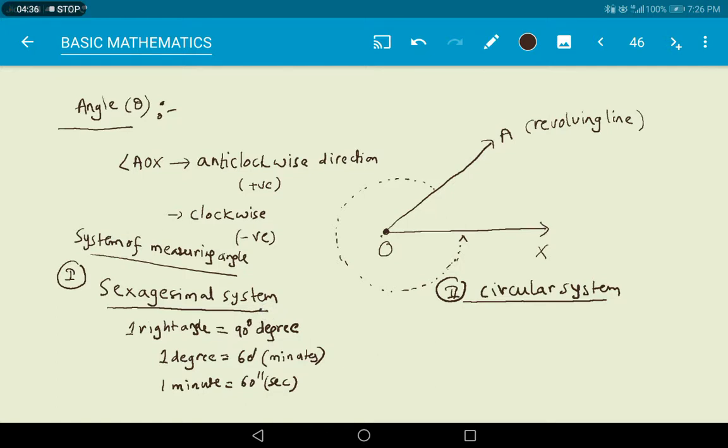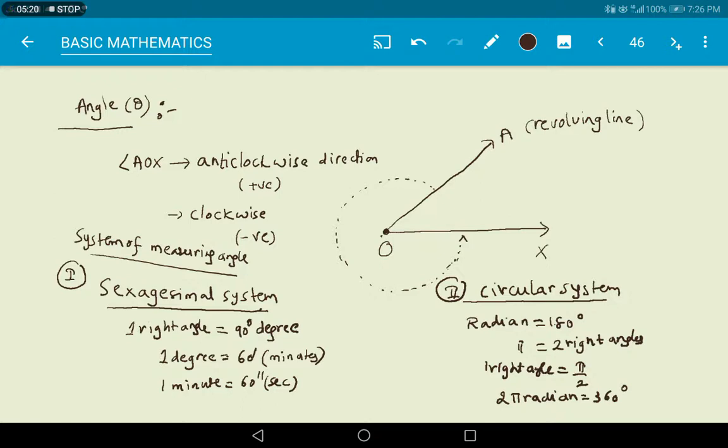And next, the circular system. In the circular system, pi radian is equal to 180 degree or 2 right angles. Therefore, 1 right angle is pi by 2. So 2 pi radian is equal to 360 degree.